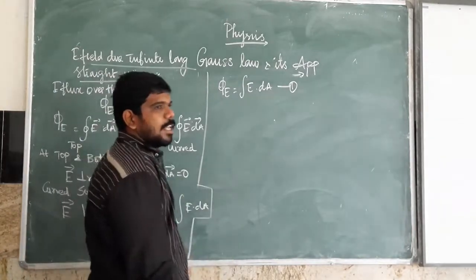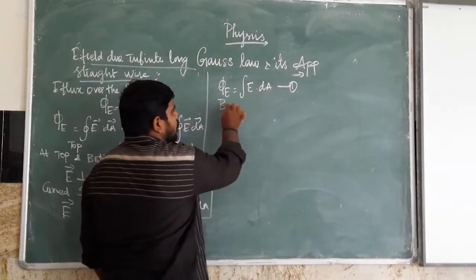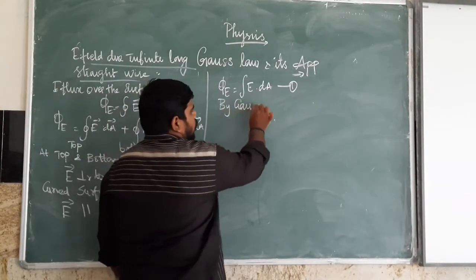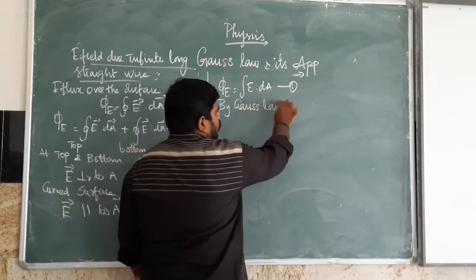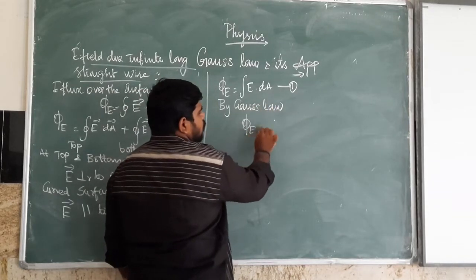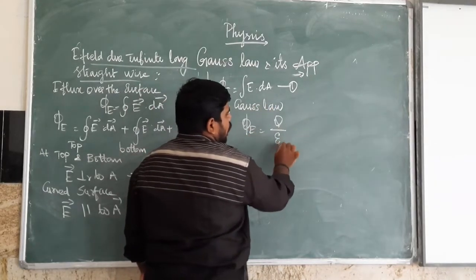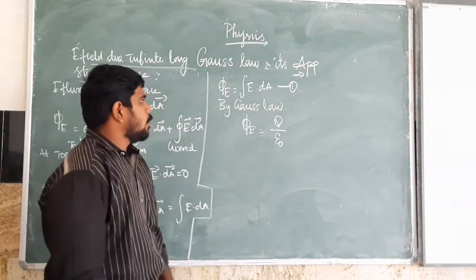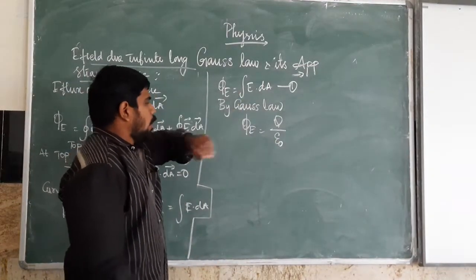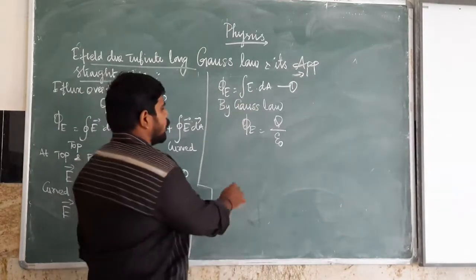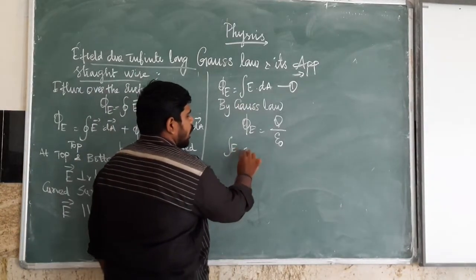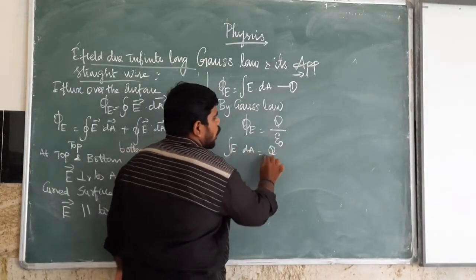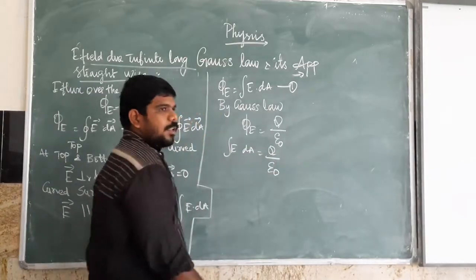If you are substituting in Gauss law, what is the formula for Gauss law? Phi of E is equal to Q by epsilon 0, isn't it? So here we substitute: the integral of E dot dA is equal to Q by epsilon 0.